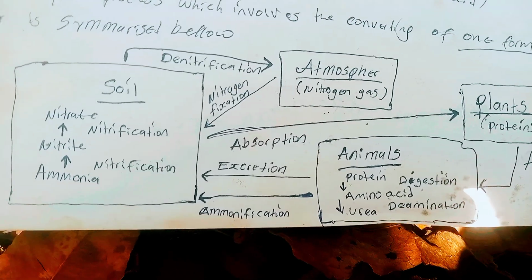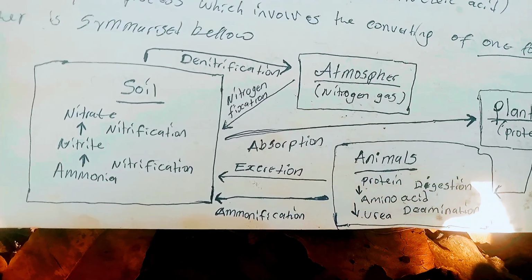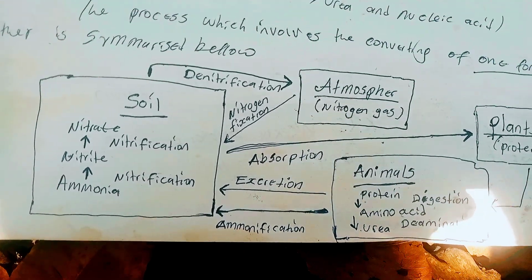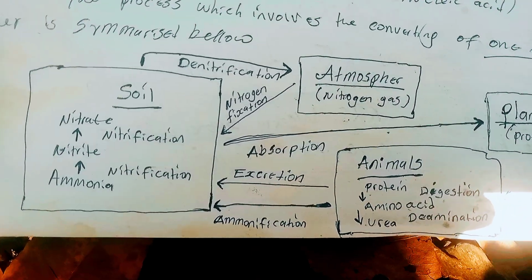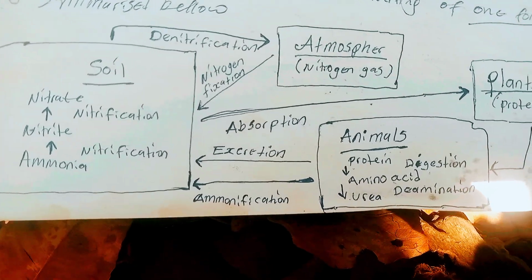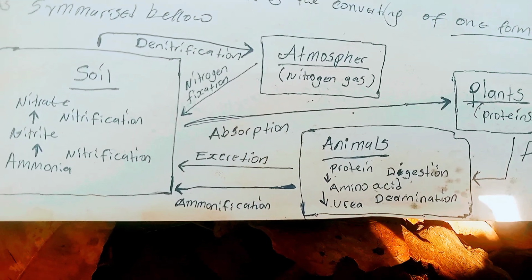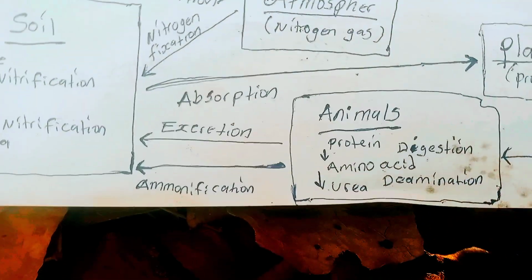Amino acid has to be digested, and then from there we get urea. The breaking down of amino acid into urea we call ammonification.